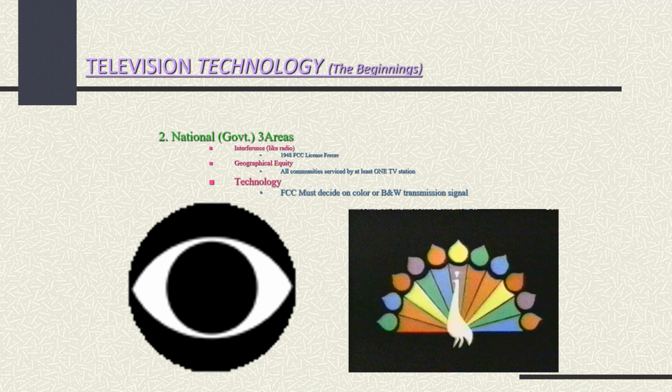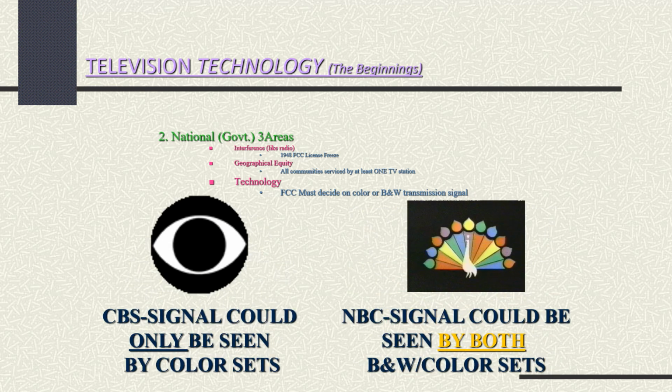There were two companies that had color signal technology developed. One was CBS, the other was NBC. CBS's signal could only be seen on color television sets.